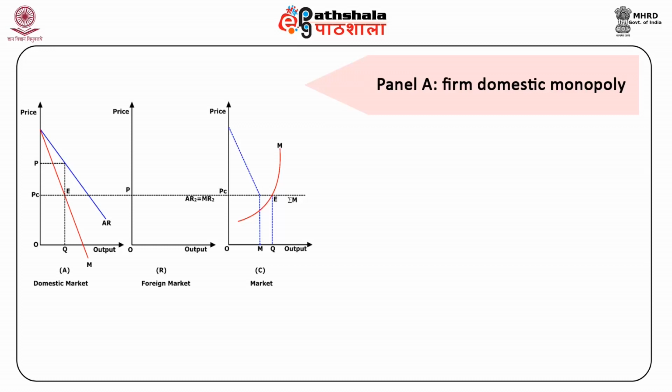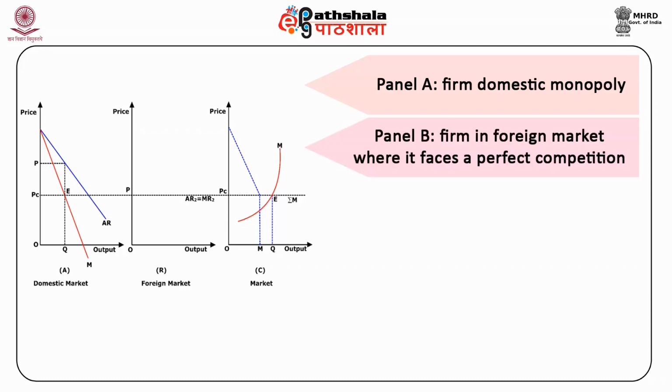Panel A shows the firm's domestic monopoly, which faces a downward sloping average revenue curve AR1 and marginal revenue curve MR1. Panel B shows the case of a firm in the foreign market, where it faces perfect competition and a perfectly elastic horizontal demand curve.